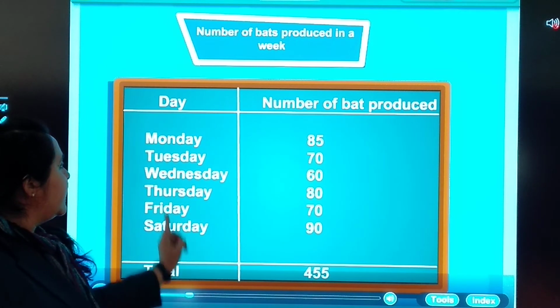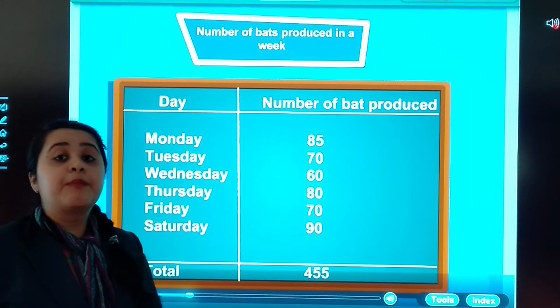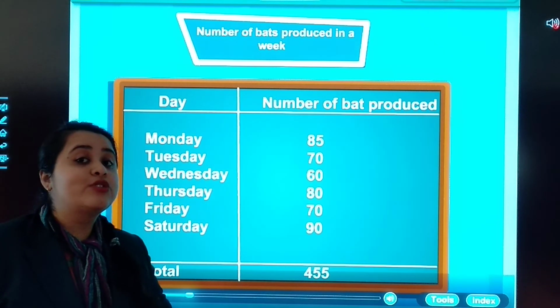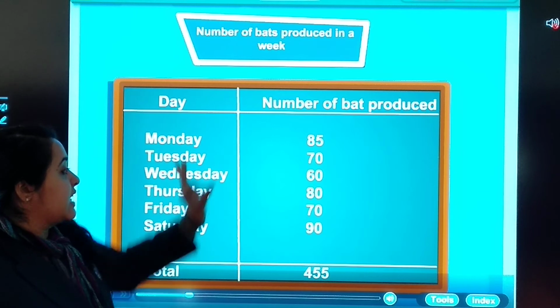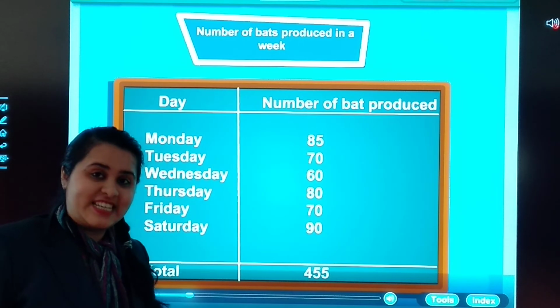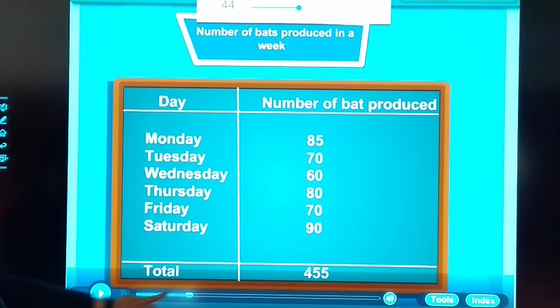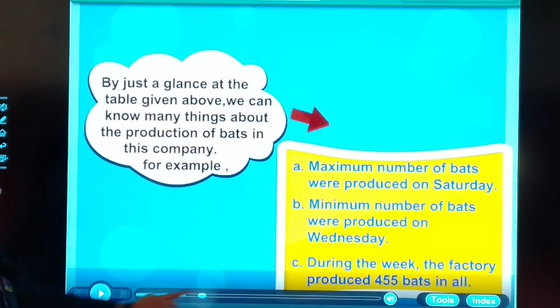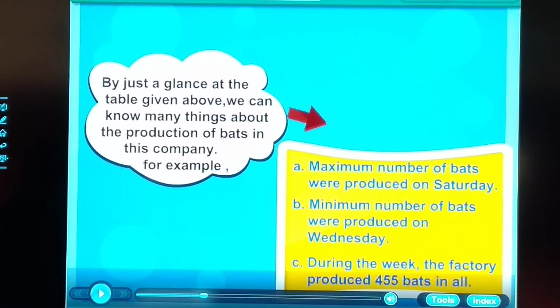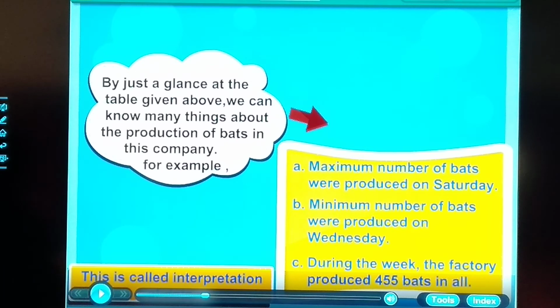On Friday and Tuesday, the number of bats produced was the same, that is 70. The factory produced 455 bats in all. This is called interpretation of data.